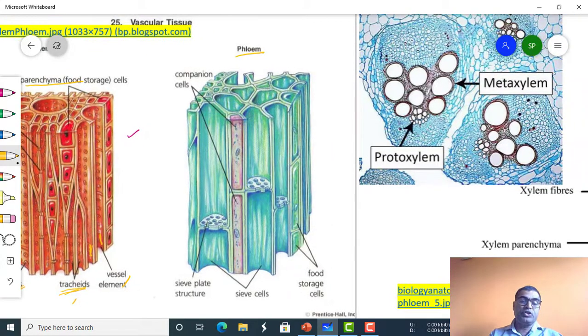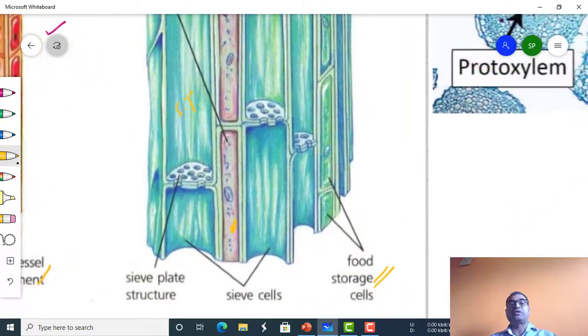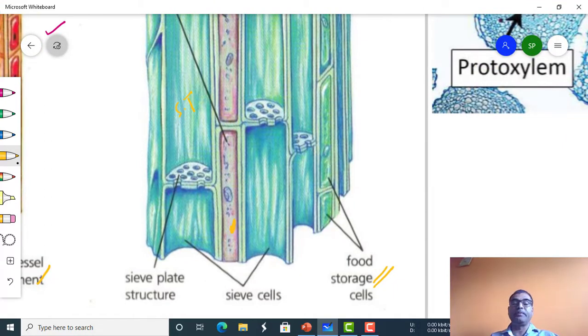This one is a sieve tube, then this one is a companion cell. Then these are the food storage cells, the parenchymatous cells associated with the phloem. Therefore, this is called phloem parenchyma.